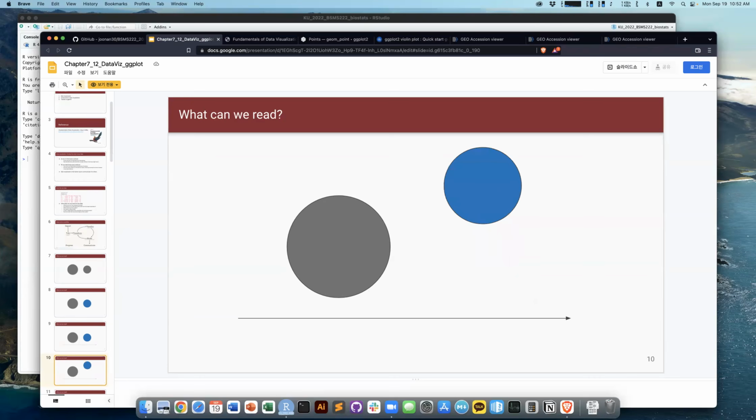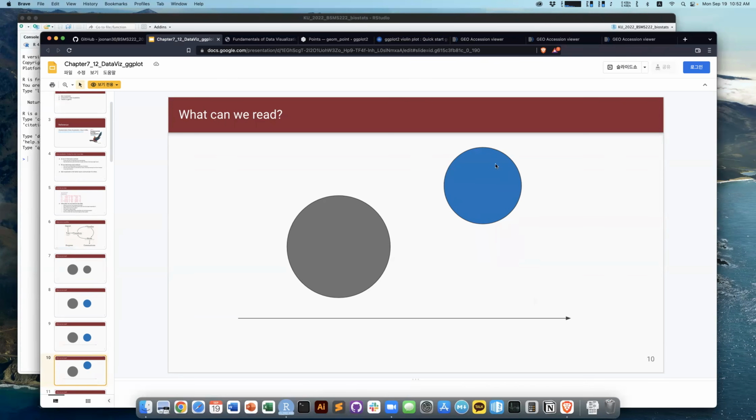Okay, so for the next example, what can we read from here compared to the previous slides? What changed? The first change is that we place the blue circles a little bit above the gray circles.